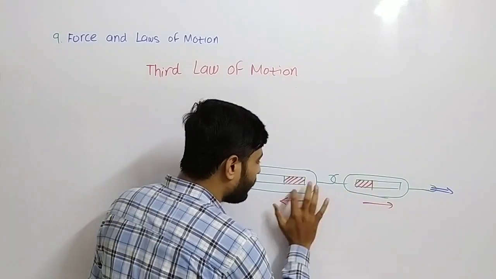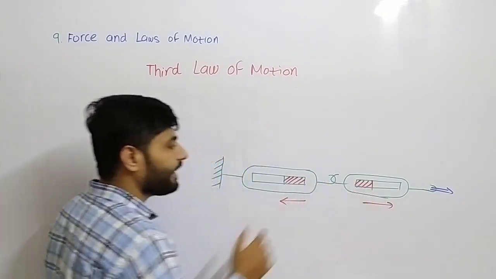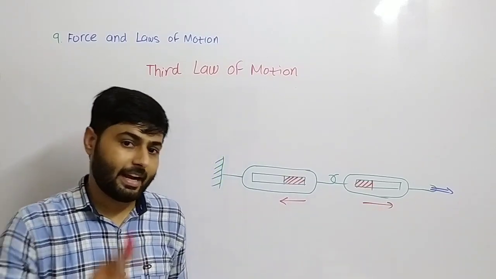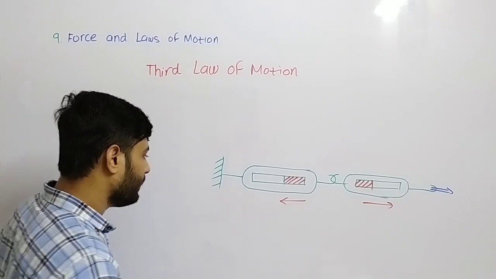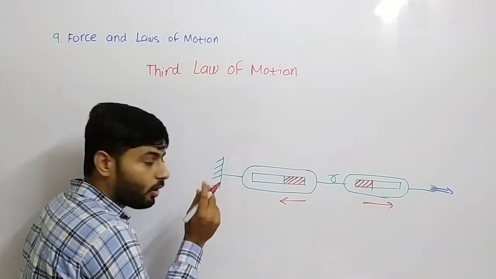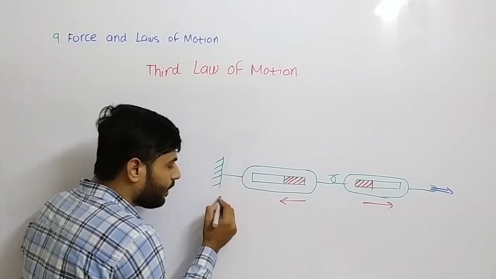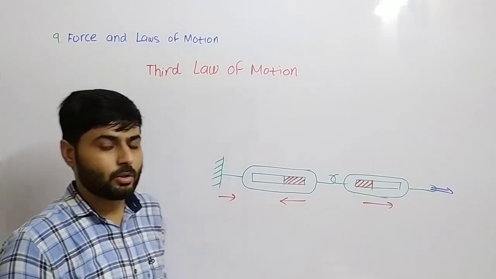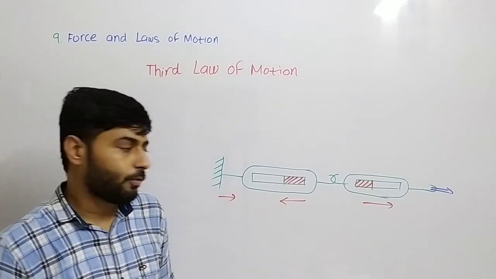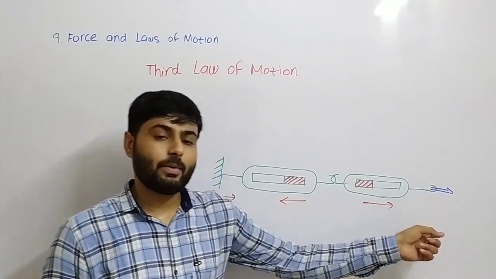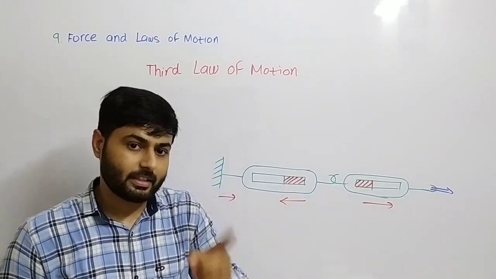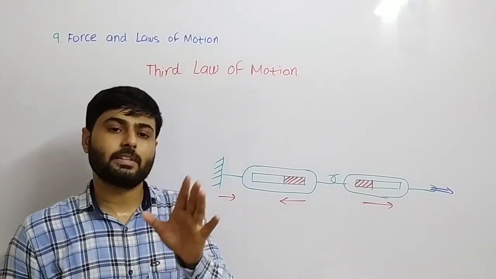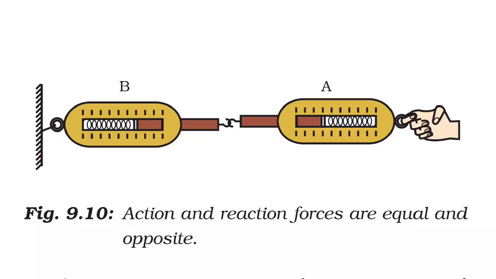So we have the same reading in both spring balances, and at that time this wall also tries to pull this spring balance. So we can say that for each action we have a reaction that is equal in magnitude and opposite in direction.